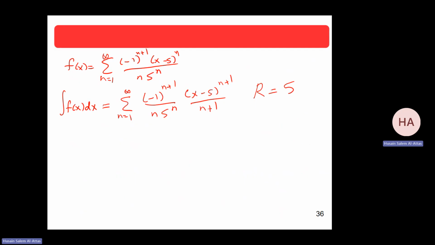So I'll check both of them. I will check the endpoints. So my interval will be either open at both ends, or closed at one end, or closed at both.